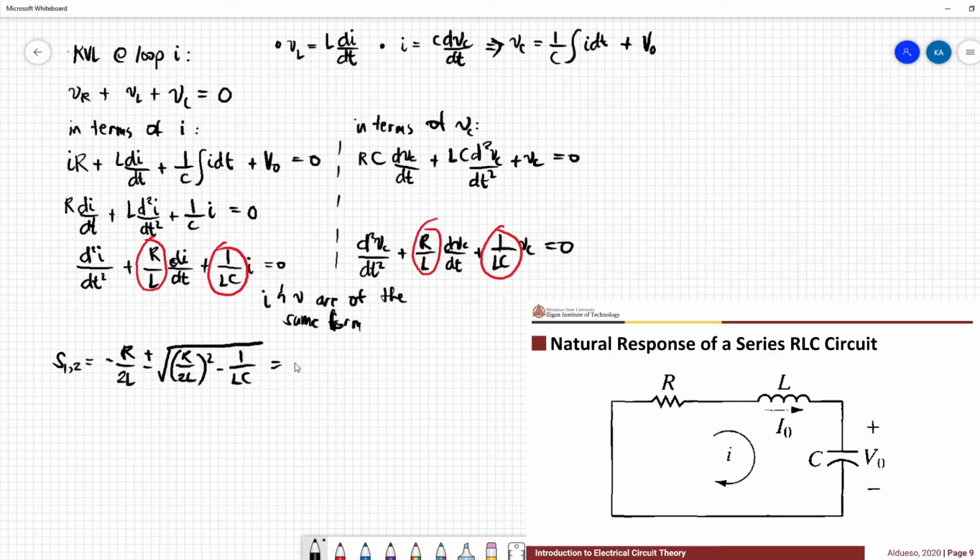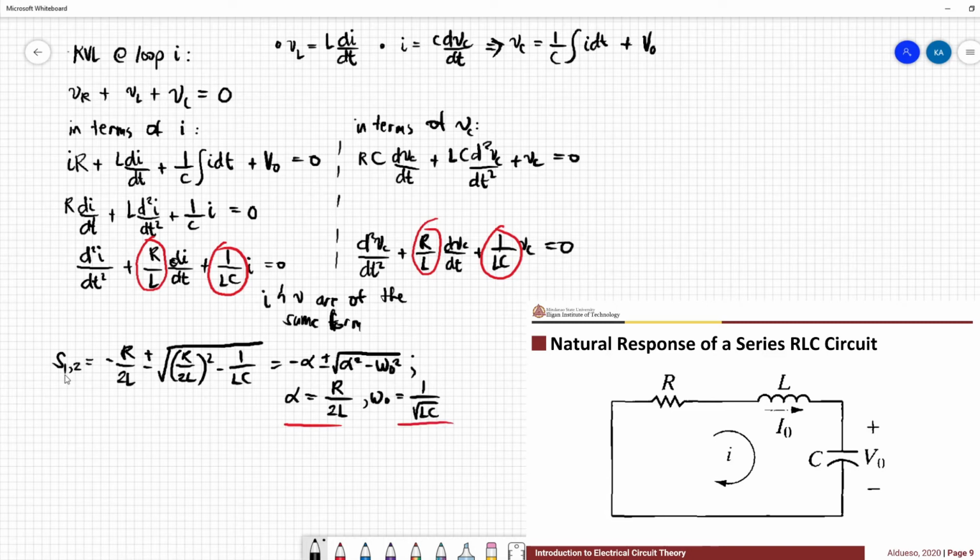Or this is just the same as negative alpha plus or minus square root of alpha squared minus omega naught squared, where alpha is just R over 2L and omega naught is 1 over square root of LC.